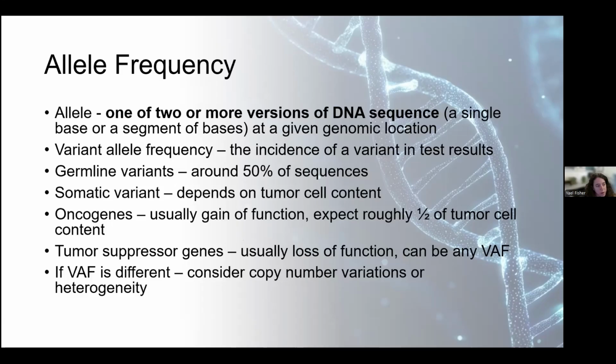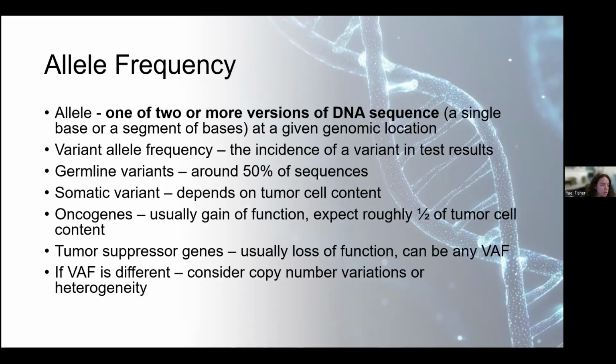Now, germline variants will always be around 50%, okay? But somatic variants, their frequency will depend on the tumor cell content. When we have oncogenes, these are usually gain of function variants, and we expect them to be present in half of the tumor cell content because usually only one copy of the specific gene is affected.